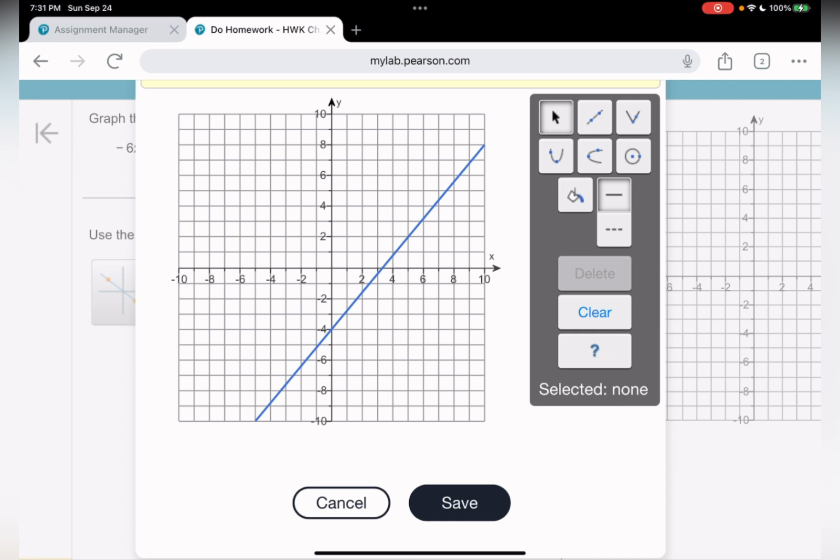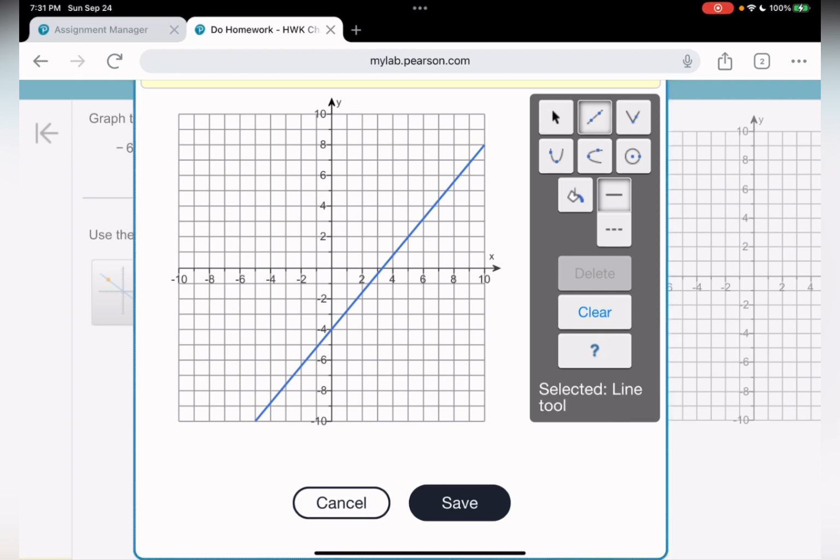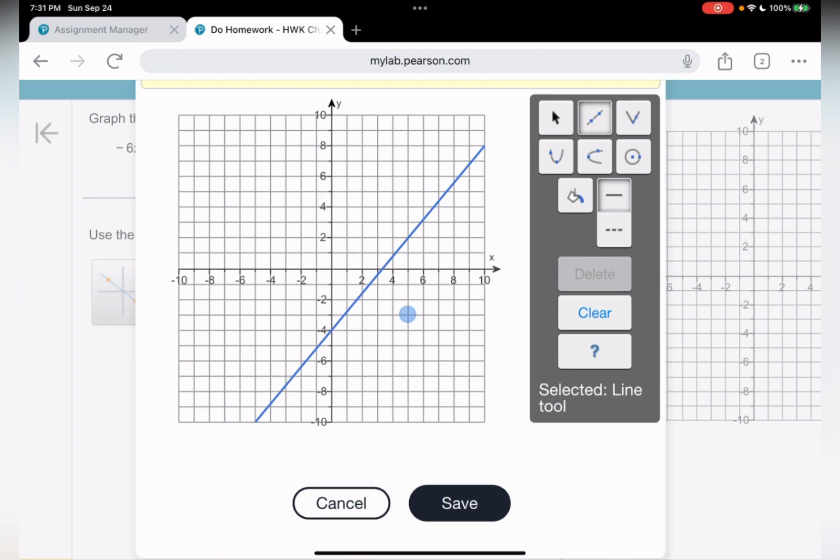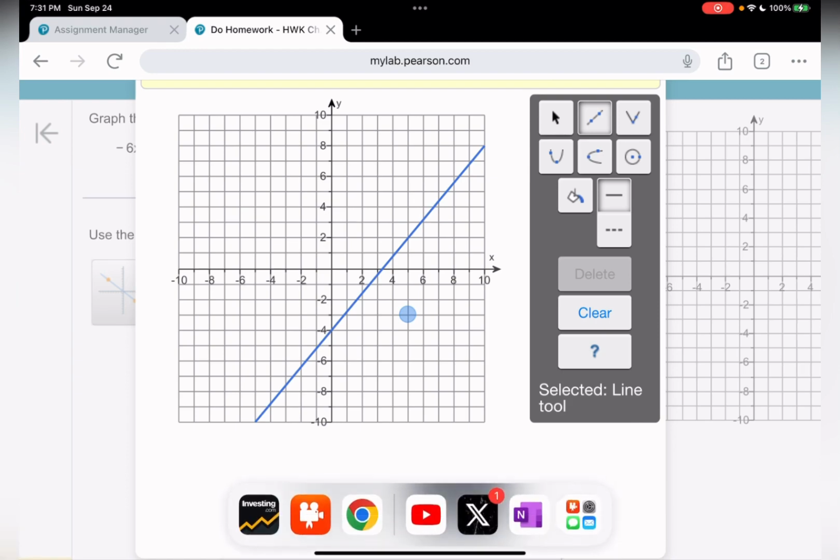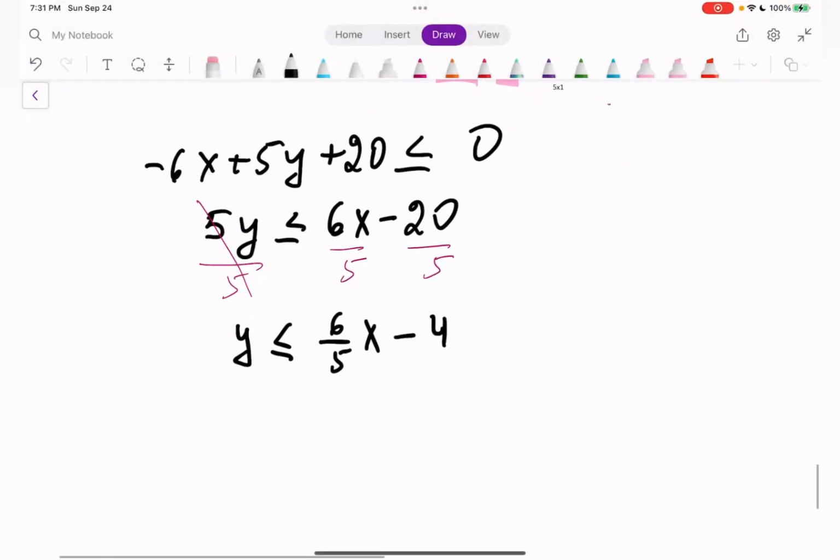Okay, and we need to have less. So if you test the points, let's say I'm taking point x is 5. When x is 5, I'm getting negative 3. So y is negative 3, x is 5. Let's see if negative 3 is less than 6 over 5 times 5 minus 4.